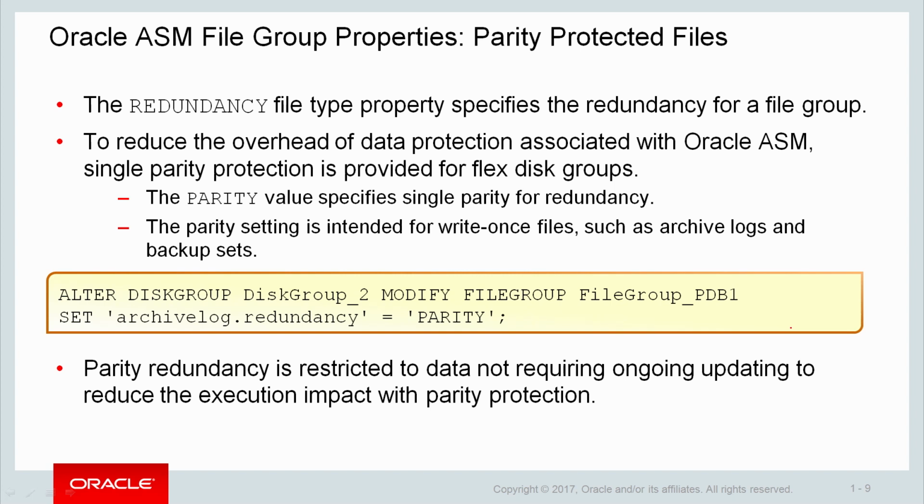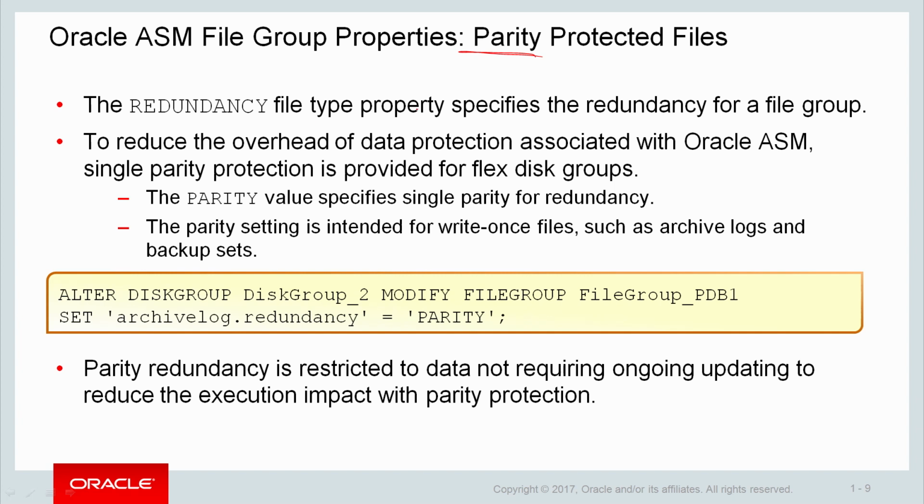We're now introducing a new level of redundancy, parity. Now, this is only available at the file group level. It's only available if you've got 3 failure groups inside the disk group that file group belongs to.